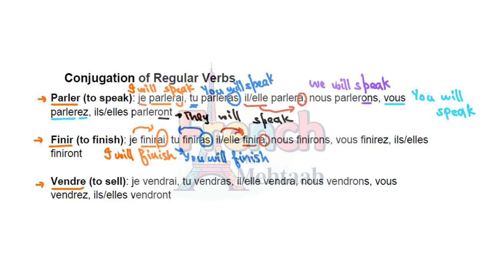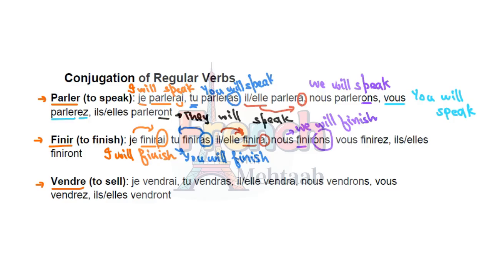Now if you want to say that we will finish with nous, we take the verb and simply add -ons at the end of the verb. It would become nous finirons, which means we will finish.